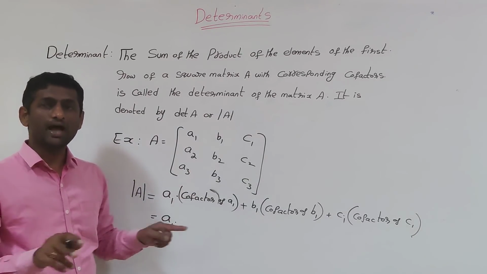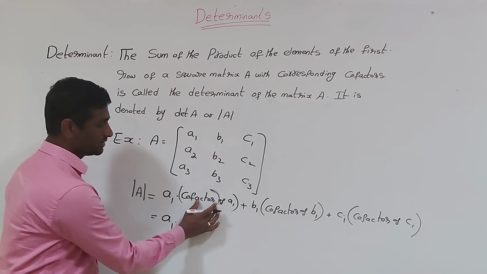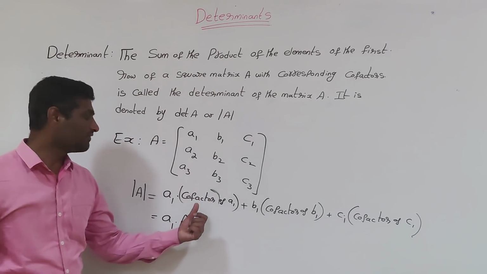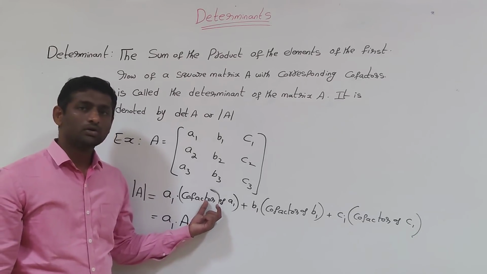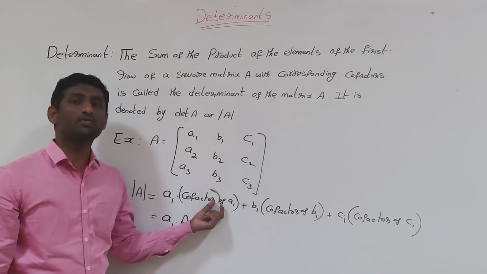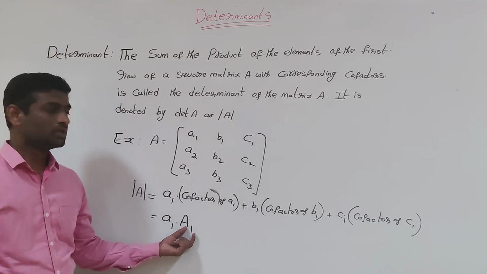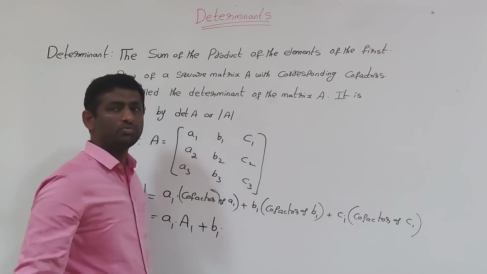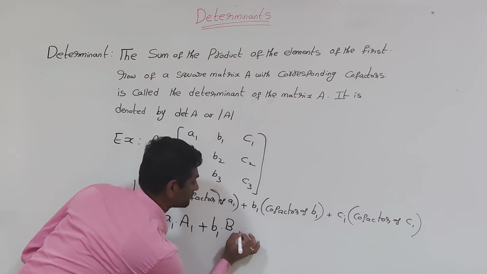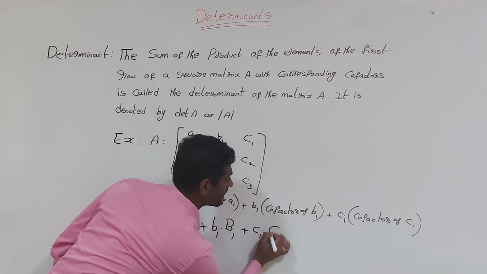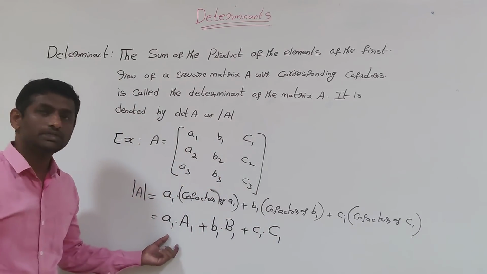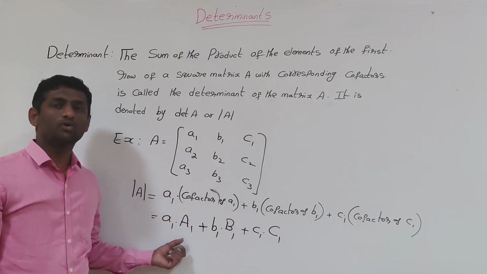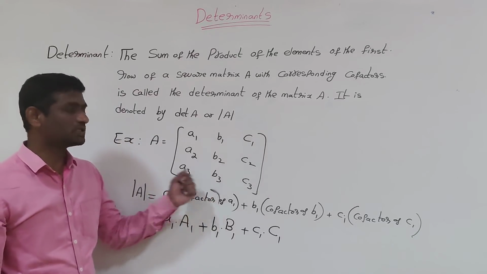So overall, assume that the value of the cofactor of A1 is denoted by capital A1. Similarly, plus B1 into the cofactor of B1, denoted by capital B1, plus C1 into capital C1. So this gives the value of the determinant of a square matrix of order 3 by 3.